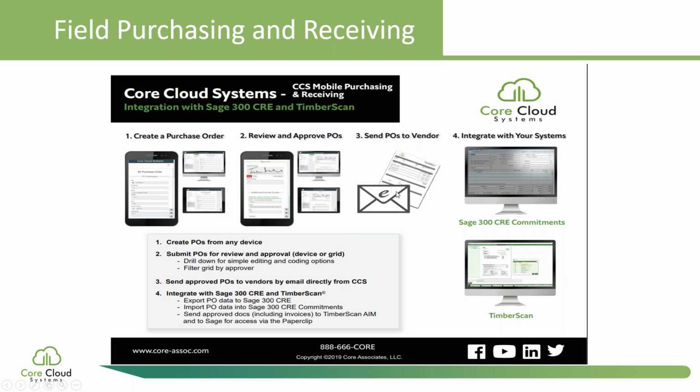Then on submission, you can send it into purchasing commitments or job cost commitments. If you're on Sage 100, you can go straight to the purchase order. But the idea is that this process started in the field, with no double entry, went through an approval process, and by virtue of submission, it automatically updated your Sage system, and it also sent the image to TimberScan.